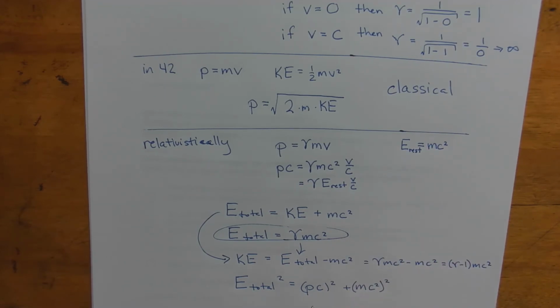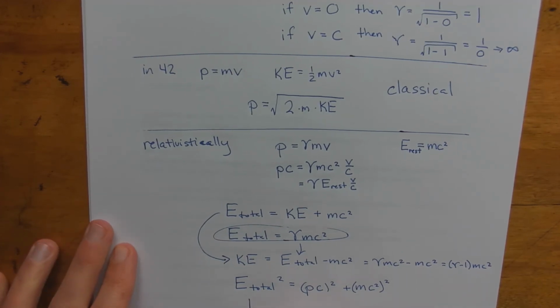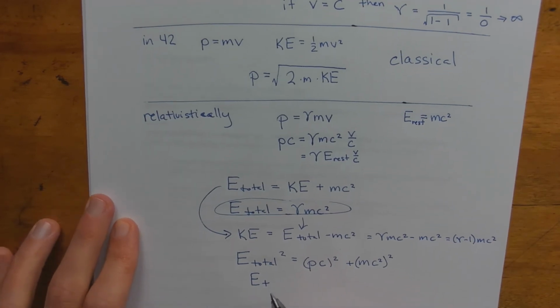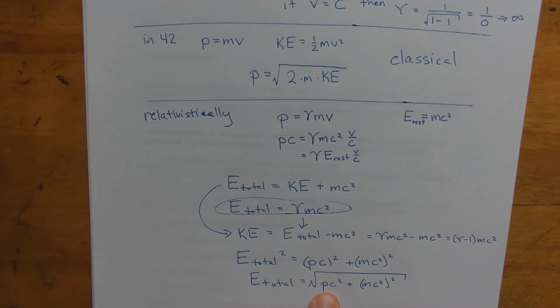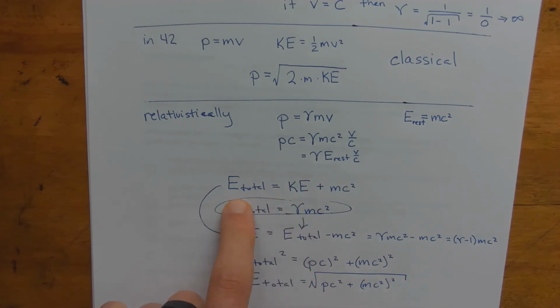If the momentum is 0, the object is at rest and the total energy is equal to the rest energy. Oftentimes we will write this equation as E total is equal to the square root of pc squared plus mc squared squared, and then you can see if pc is equal to 0, E total is equal to mc squared. Because in that case, if the kinetic energy is equal to 0, because the object is at rest, E total is just equal to the rest energy.